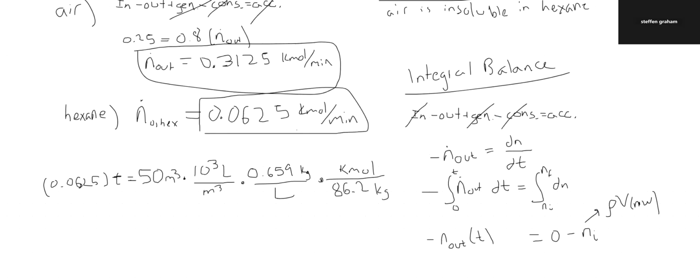Okay, and then I'm just going to simplify this right side. Pull up my calculator. That is 50 times 10 to the third times 0.659 divided by 86.2.